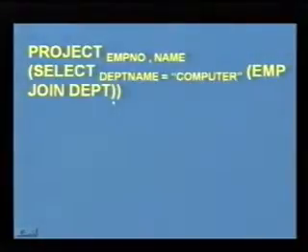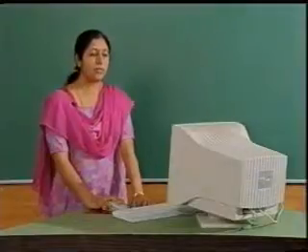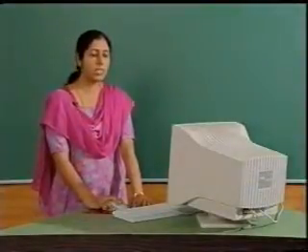So first the EMP join department will be executed, and it will return basically a joint table containing employee number, name, salary and the department name. On this, the selection will be performed with the condition department name is equal to computer, and further on this result the projection will be performed for the attributes employee number and name.